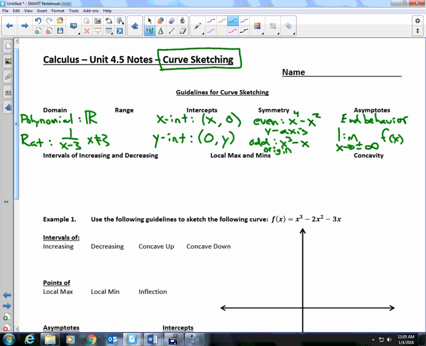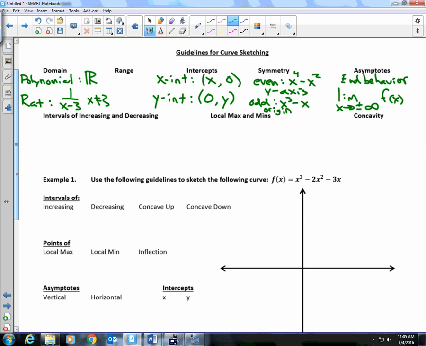So when we look for asymptotes, we can, A, look at where the function is undefined, but we can also look at the end behavior of the function. What happens as we go towards positive infinity? What happens as we go towards negative infinity? What does the function do? Does it flatten out towards a line? Does it look like a parabola? What does it do?